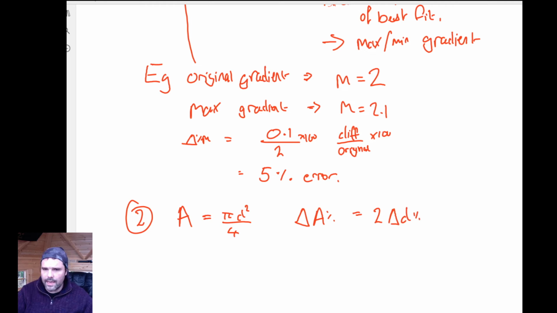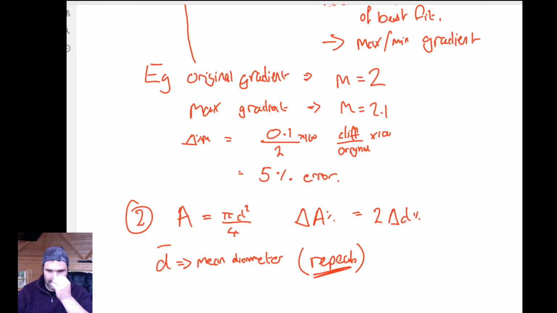So go back to your diameters. Look up your diameter. Let's say your diameter average is your mean diameter. You have repeats. How do you get the error from some repeats? Standard deviation.